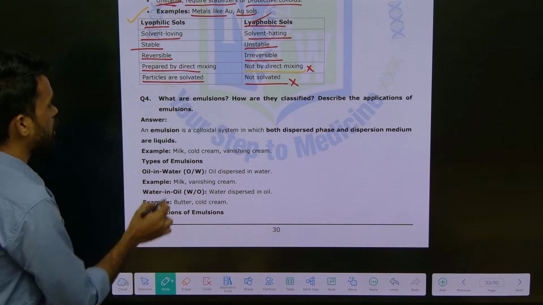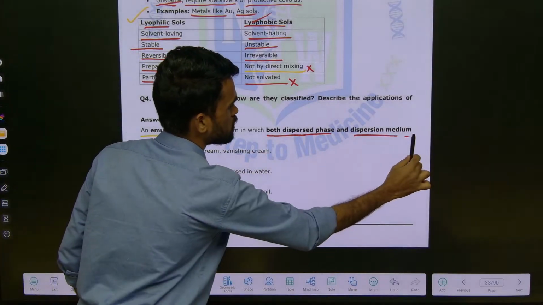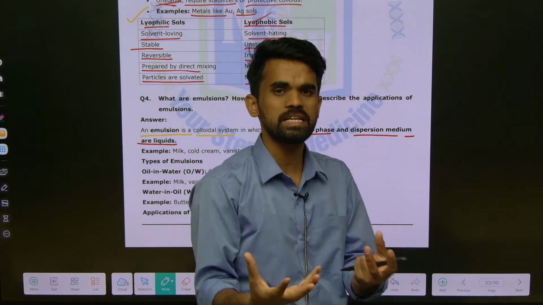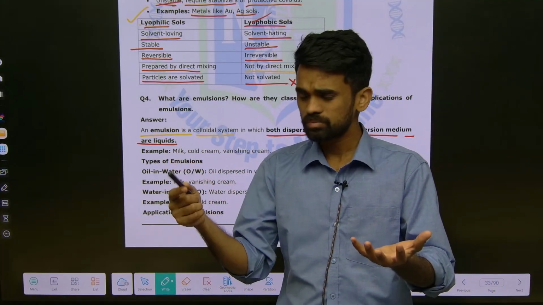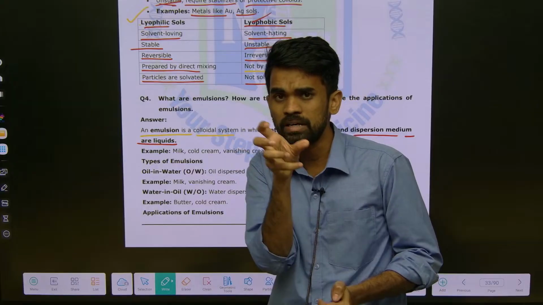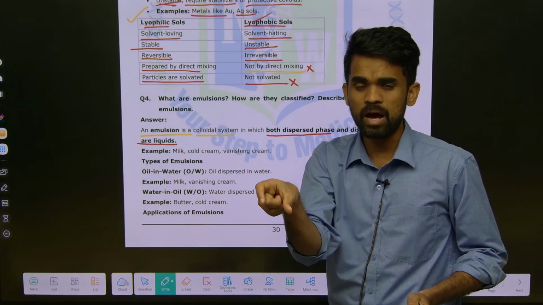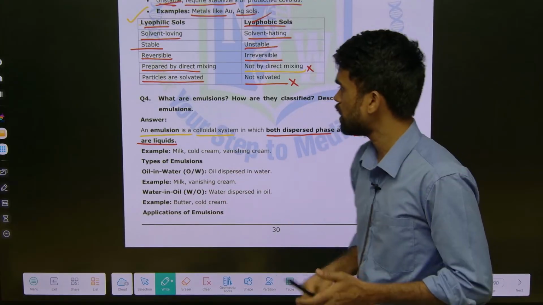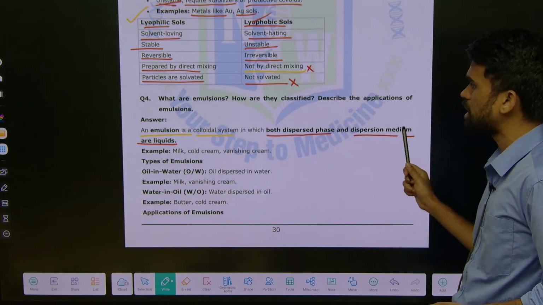We can prepare colloids by mixing different physical states. The dispersed medium can be liquid, and the dispersed phase can be gas, liquid or solid, and like that we get different types of colloids. But emulsions are those colloids formed when both the dispersed phase and the dispersed medium are in liquid states only. An emulsion is a colloidal system in which both dispersed phase and dispersed medium are liquid.